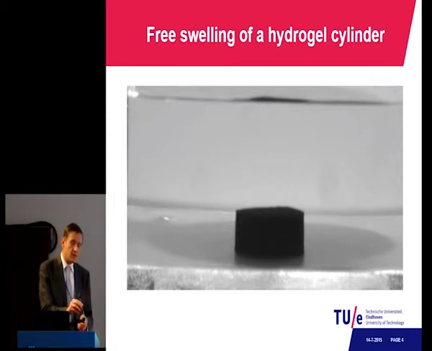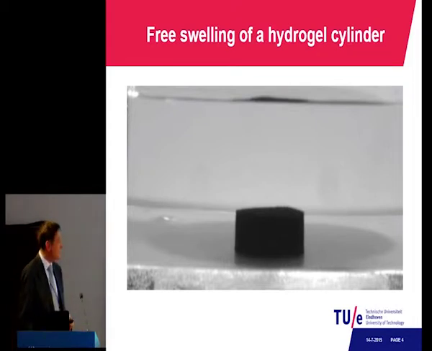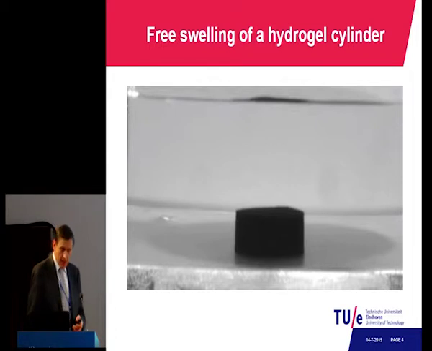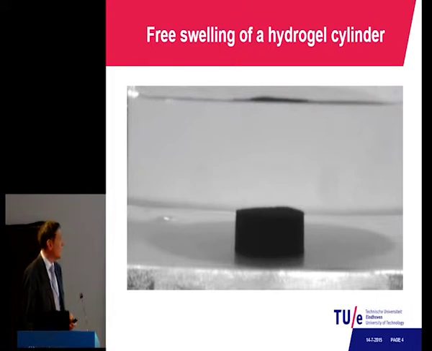To give you an idea of how swelling goes into action, this is a simple experiment. We took a cylindrical hydrogel, made black to make sure that you can see it, but normally it would be transparent.